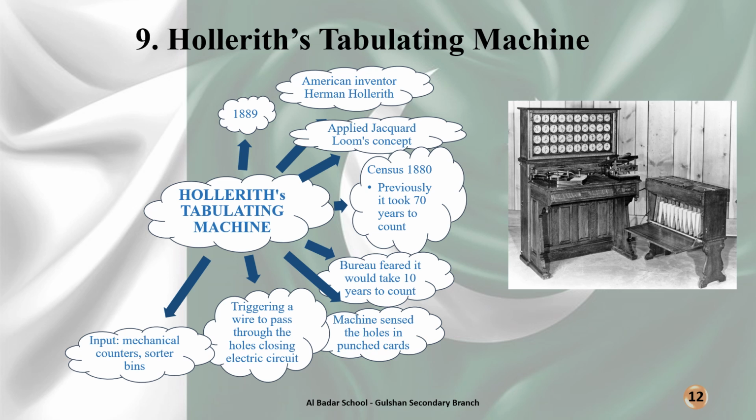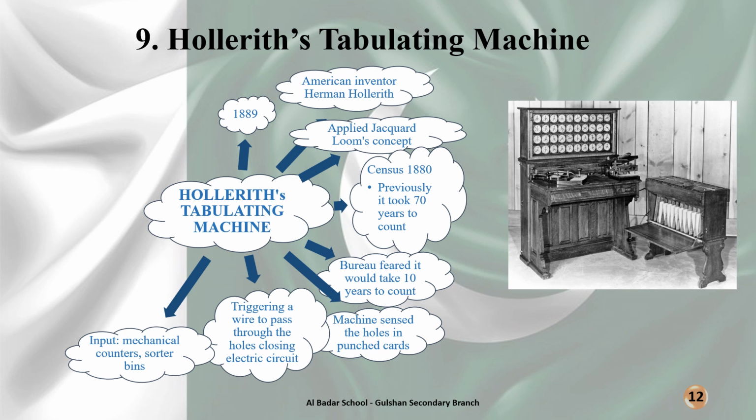They are telling about the working of the machine, that they could sense the holes, as we have seen in the previous video, that the wires were passing through the holes in the Jacquard's loom concept. Okay, so they are talking about the same thing.